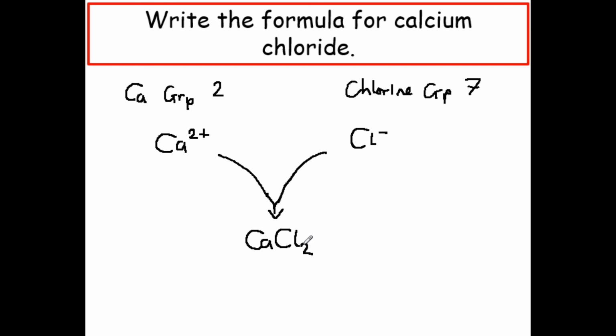That tells us we've got 2 chloride ions, each has a single negative charge. So we've got 2 minus charges and 2 positive charges, they cancel out to make CaCl2. And that's how we work out the formula for the ions making up the actual final chemical.